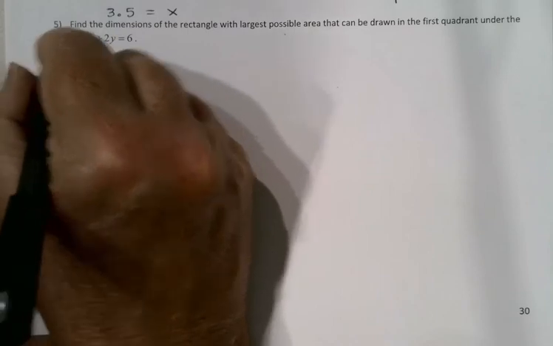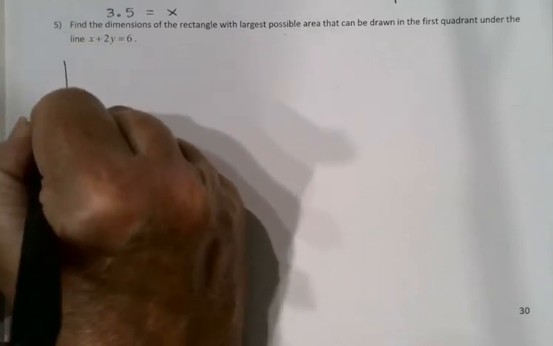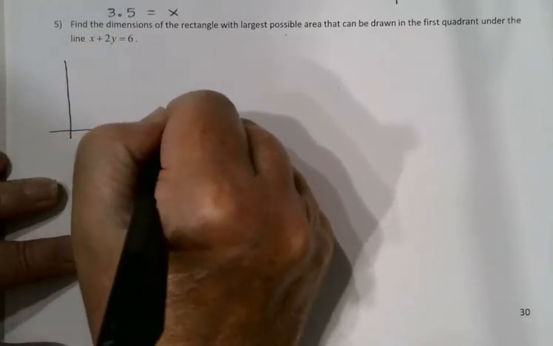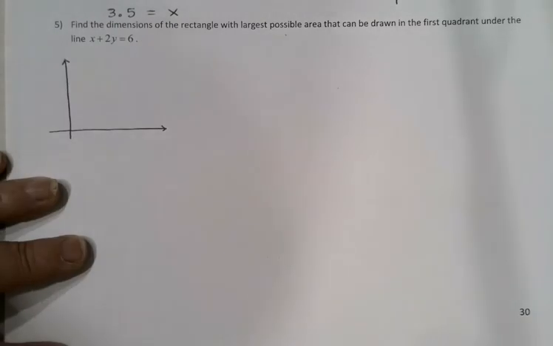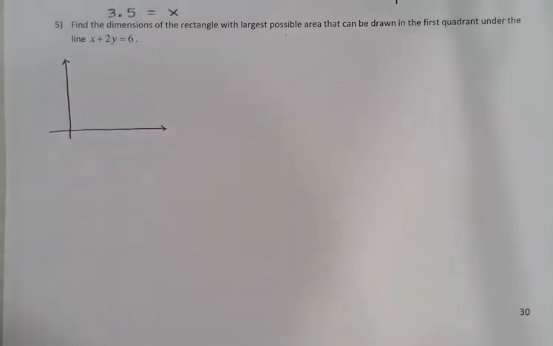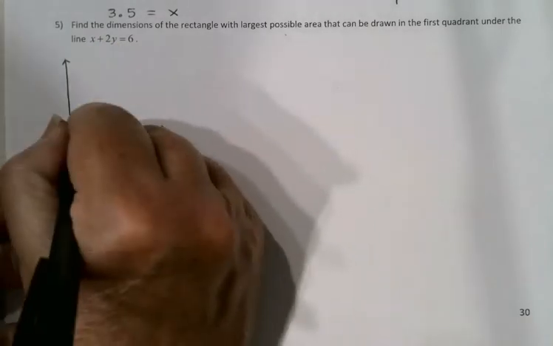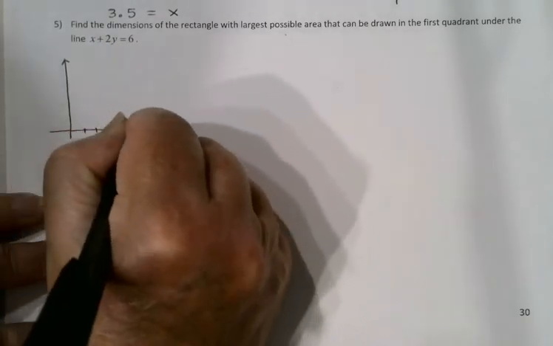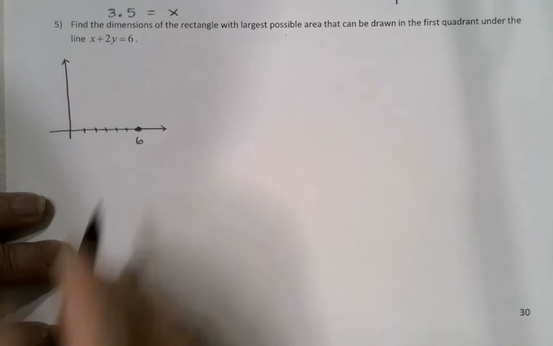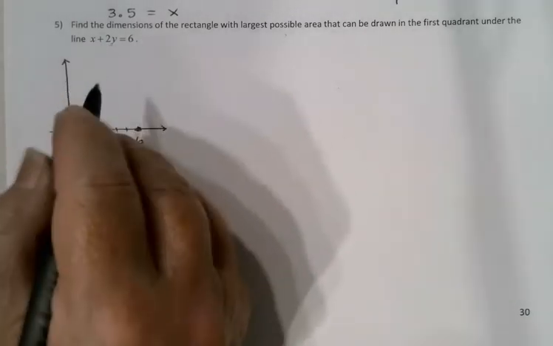So let's see here. I want to stick with my first quadrant, and the line x plus 2y equals 6. The x-intercept, if y is 0, would be 6. And the y-intercept, if x is 0, would be 3.